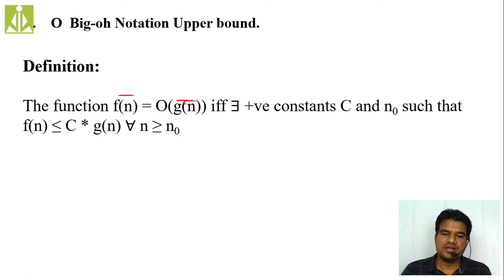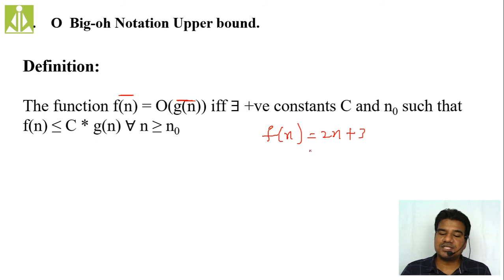In our first algorithm's time complexity analysis, we got f of n as 2n plus 3, isn't it? This function falls under this category, for positive constants c and n naught.